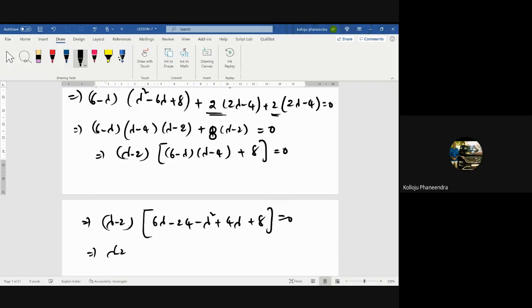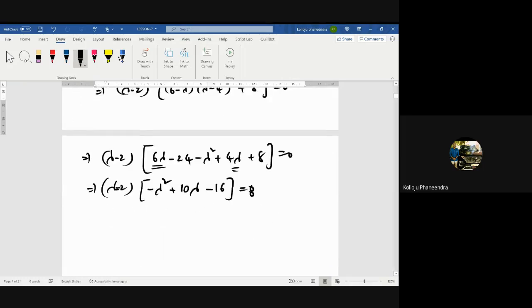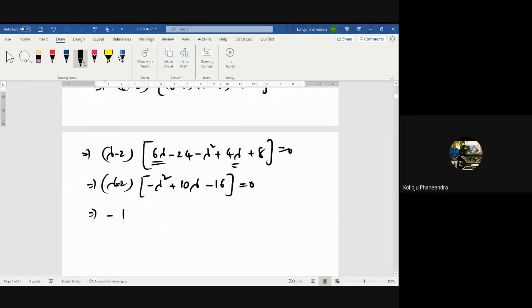So this is lambda minus 2 into minus lambda square plus 10 lambda minus 16. Is it correct? Yeah, equal to 0. So take minus common: lambda minus 2, and this is lambda square minus 10 lambda plus 16 equal to 0.